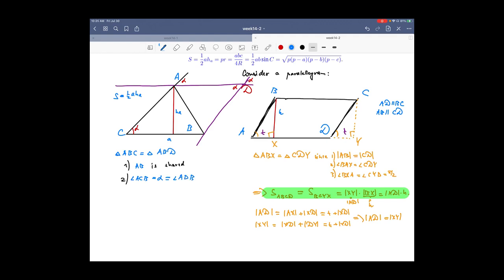And we can probably argue the same thing about the other angle in triangle ABC. Let's think which one.